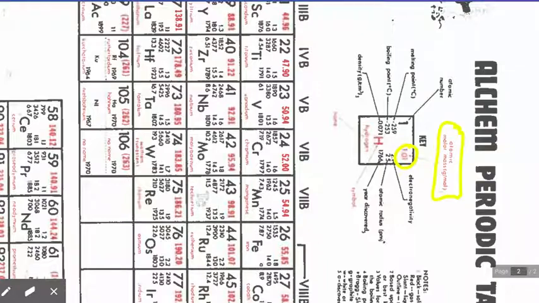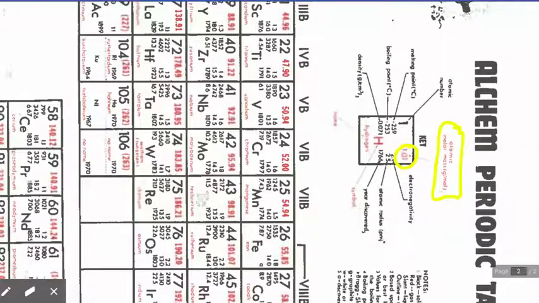But what this number means is that one atom of hydrogen has a mass of 1.01 AMU, or atomic mass units. And you're probably wondering, how do you have 0.01 of a proton or 0.01 of a neutron? You have either learned or will be learning soon that this is a weighted average of the isotopes of hydrogen.